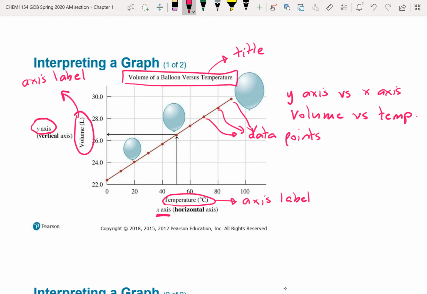So generally, we can say, just by looking at this graph, what happens to the volume when the temperature is going up, right? So in the temperature here, we have 0 degrees, 20, 40, 60, 80, etc. When we increase the temperature, what happens to the volume of the balloon? As the temperature goes up, what happens to the volume?